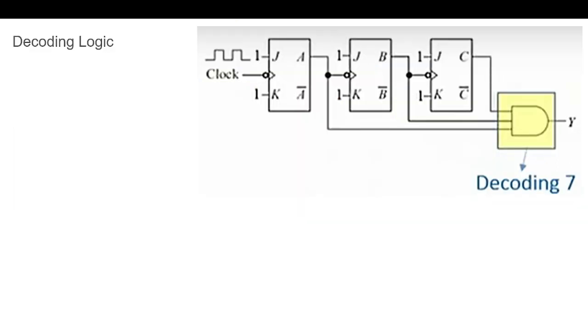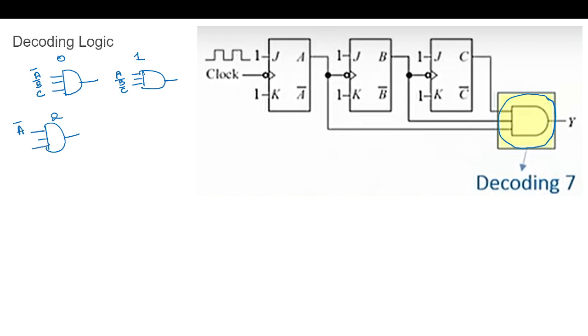Next we will see the decoding logic. If you want the output to be 1 and decode for state 0, then we can have A bar, B bar, C bar. And the decoding logic is this logic. For decoding state 1, it will be A, B bar, C bar. For state 2, A bar, B, C bar.